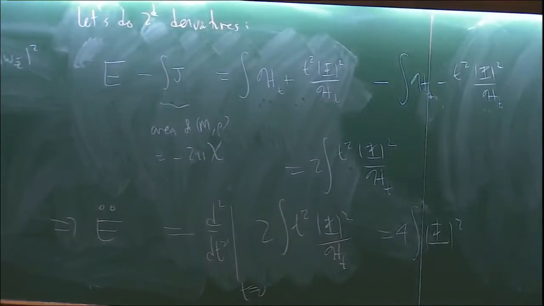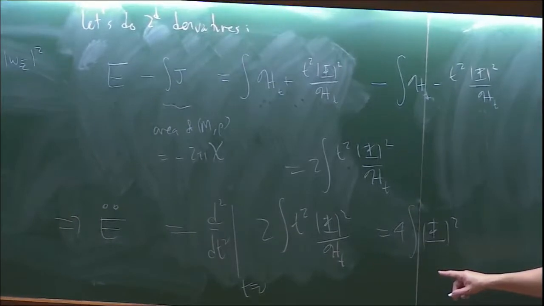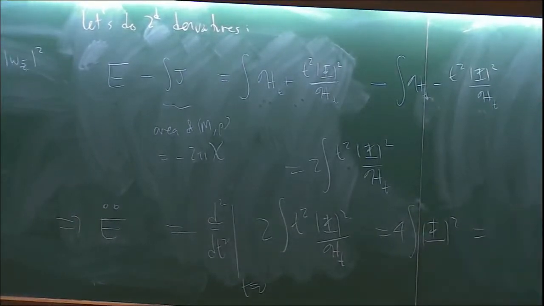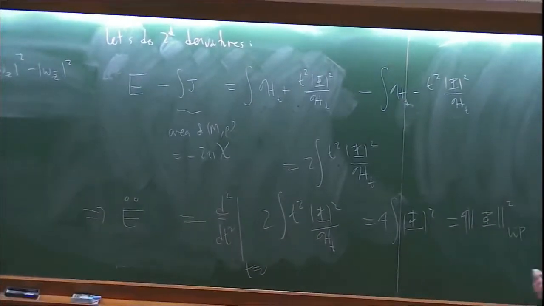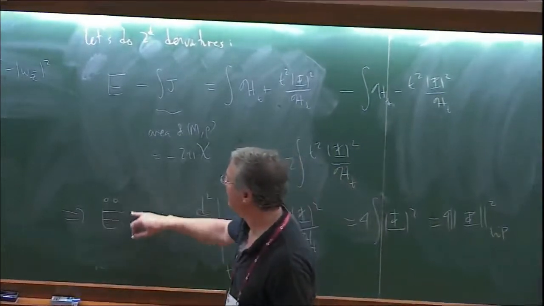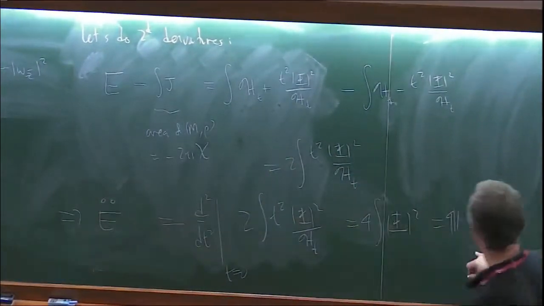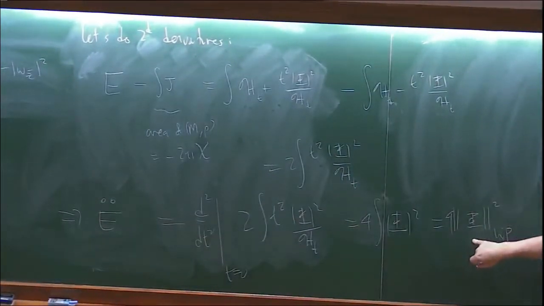So Keith talked about this quantity. Yes, he did, because he told you about something called the Weil-Petersson metric on Teichmuller space. And so we have that the second derivative of energy is equal to this Weil-Petersson metric. How does that make sense?